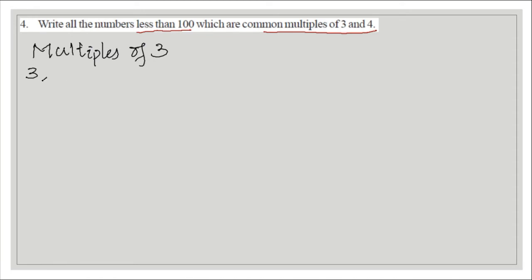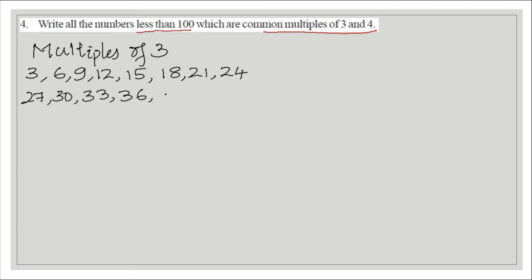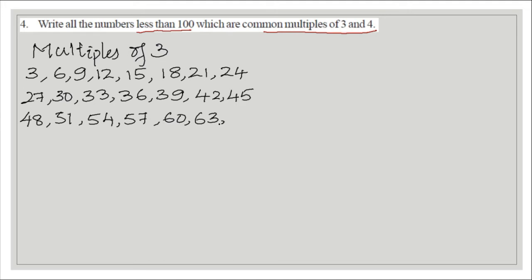They are 3, 6, 9, 12, 15, 18, 21, 24, 27, 30, 33, 36, 39, 42, 45, 48, 51, 54, 57, 60, 63, 66, 69.